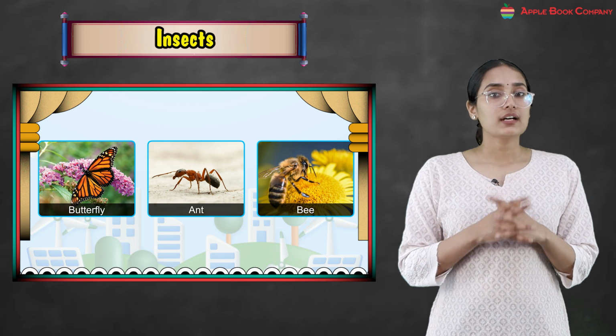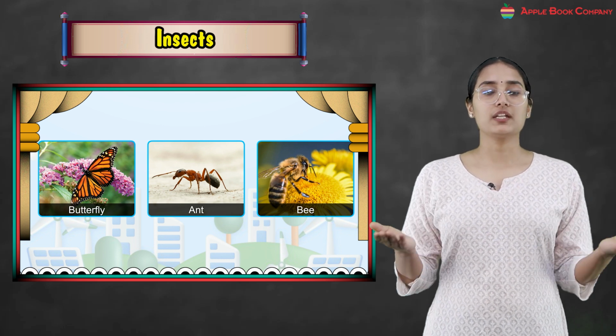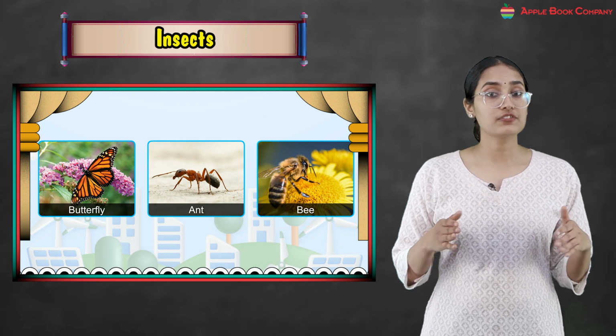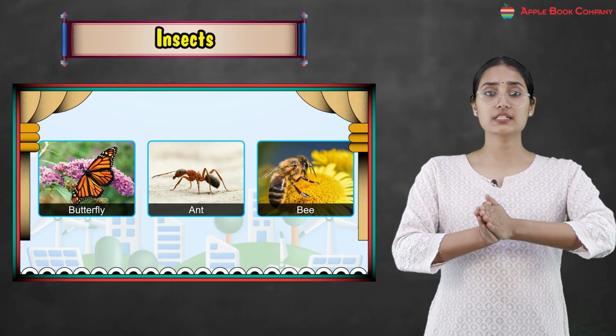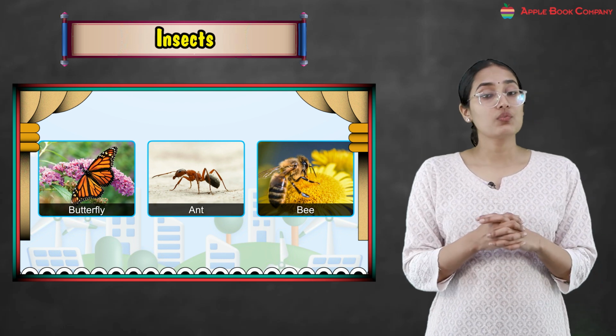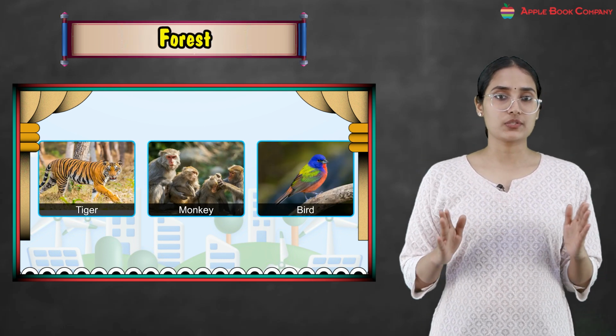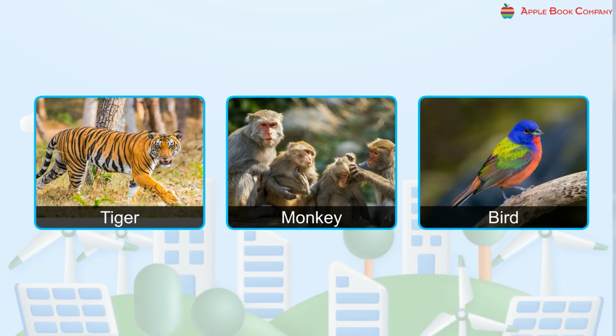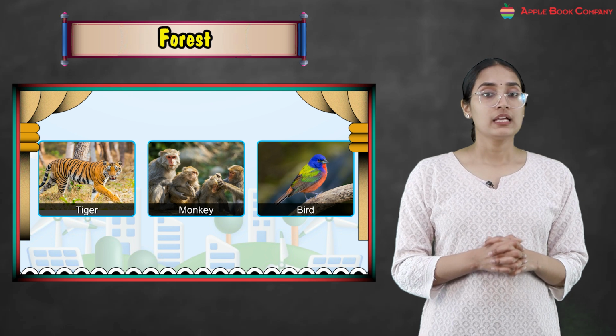Then there are different habitats of these animals. We see animals live at different places. For example, we see birds live at different places, then fish live at different places. So one of those habitats is a forest, okay? Forest is home to many animals like tigers, monkeys and birds, okay?